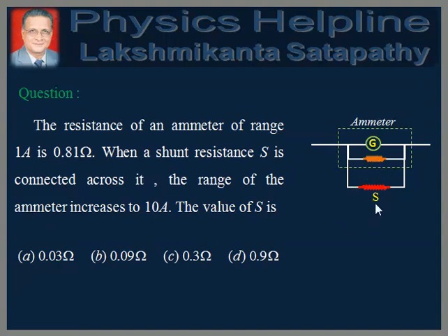Now, a shunt resistance S is connected in parallel with the emitter. Due to this, the range of the emitter becomes 10 amperes, means it increases 10 times. Under this condition, we are required to find the value of S.